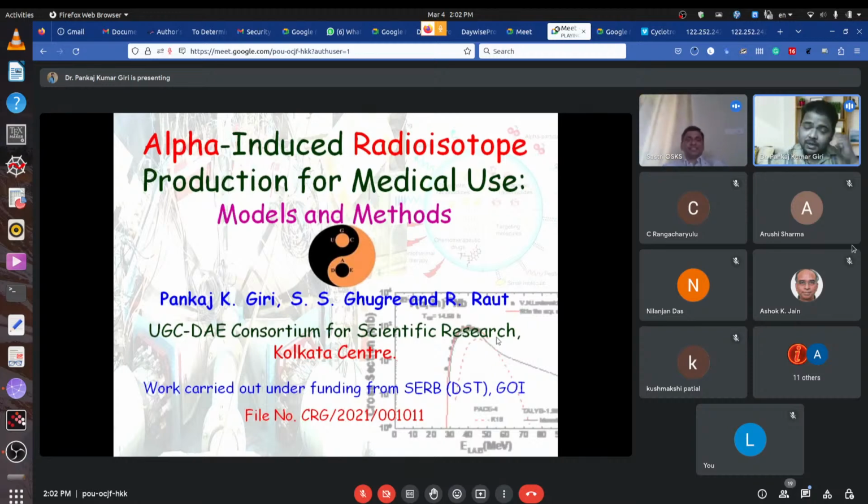So, I'll be mainly talking today about the topic of alpha-induced radioisotope products for medical use, and for doing so, the methods and modeling we can employ to do the production through the alpha-induced field.